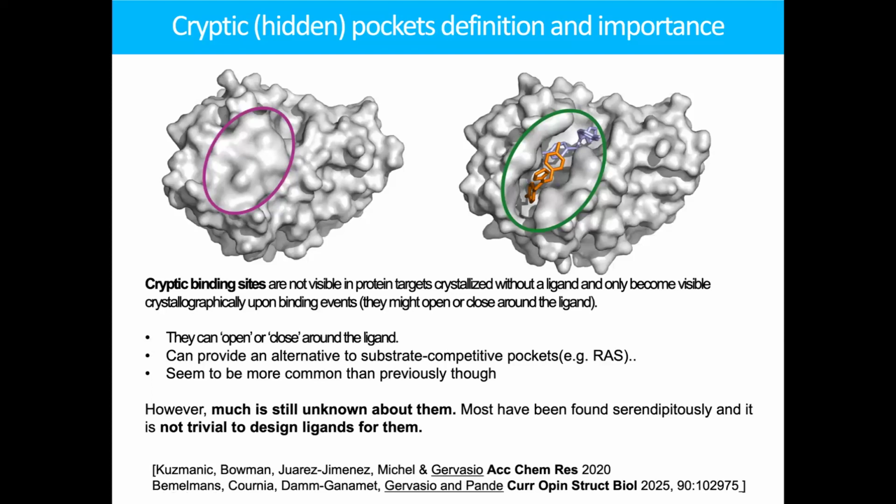Methods using machine learning, for instance, predict that a large fraction of the human proteome might contain cryptic pockets. However, much is still not known about them. Most of them have been found serendipitously, by chance, and it's not trivial to design ligands in a rational way for them.